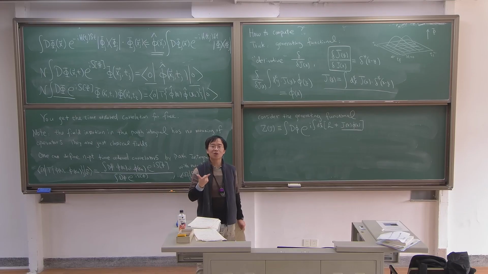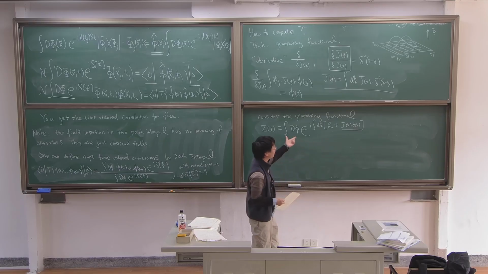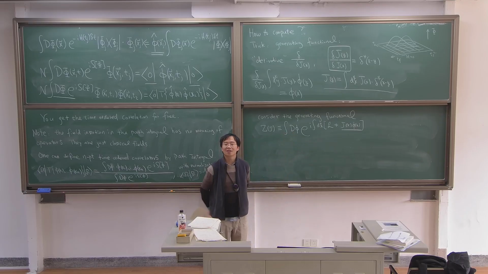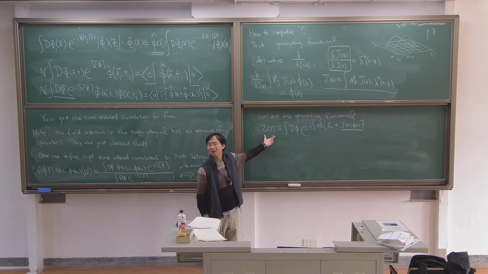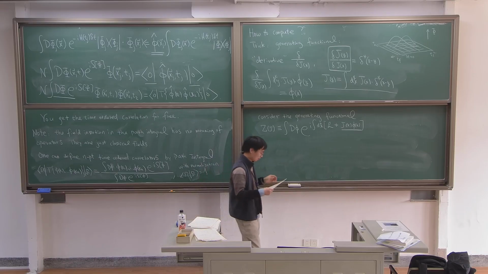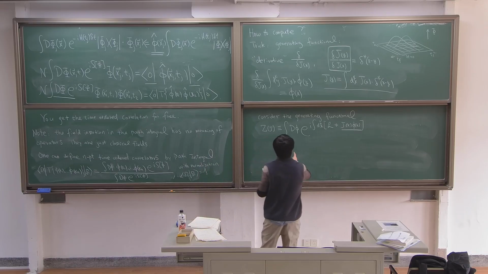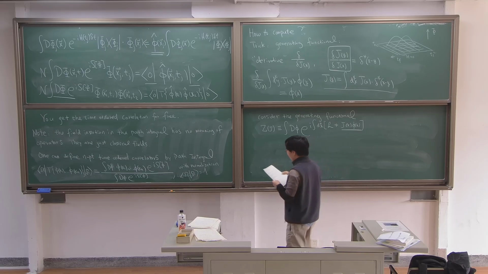I add this new term into the previous action, and then make this path integral. So this is something called the generating function. Anyway, this is my definition.